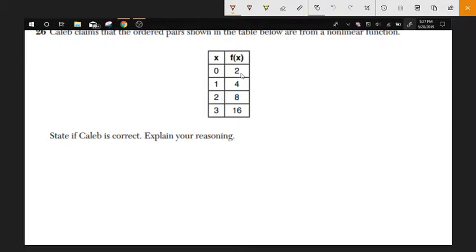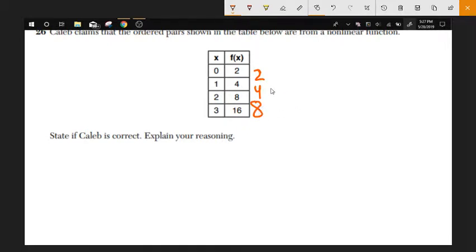So let's look at the change from f of 0 to f of 1. It's changing by 2, because 4 minus 2 is 2. And then from 1 to 2 is changing by 4, because 8 minus 4 is 4, and then it's changing by 8 here.